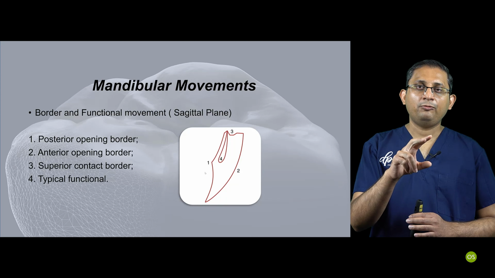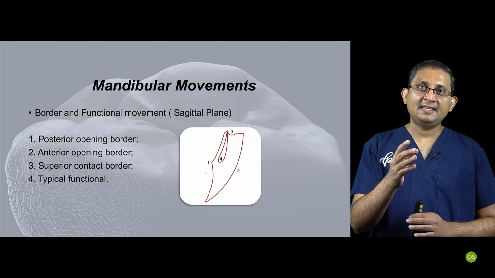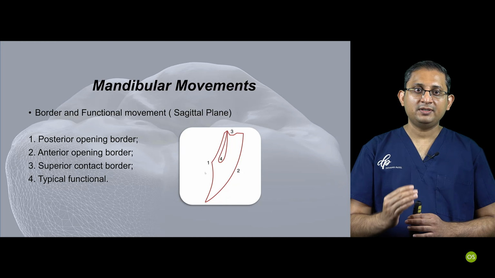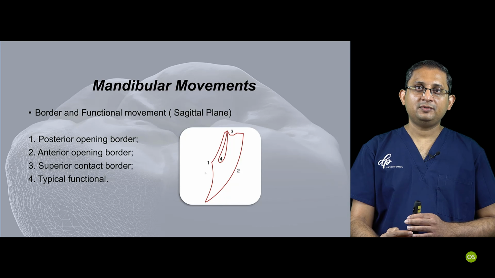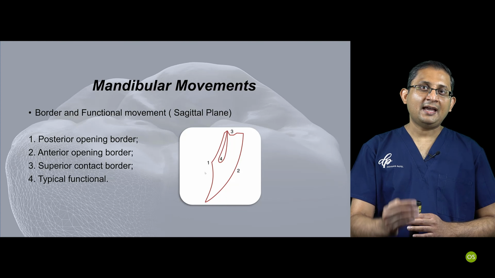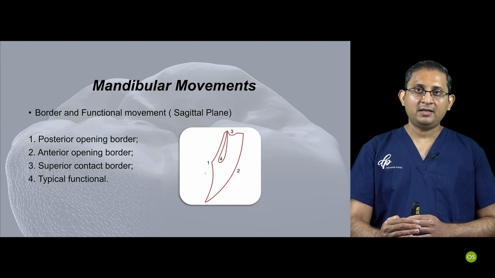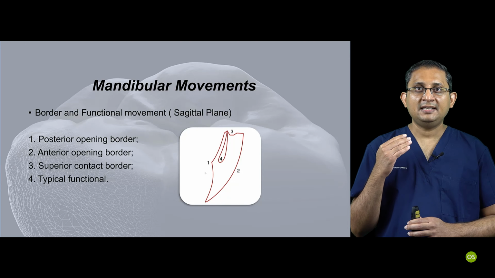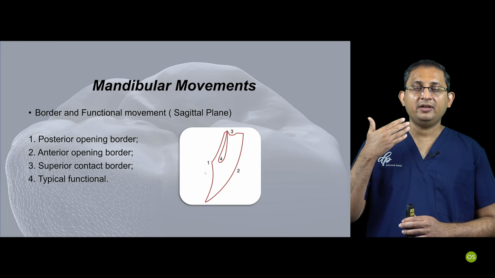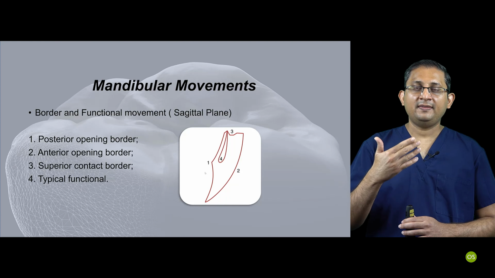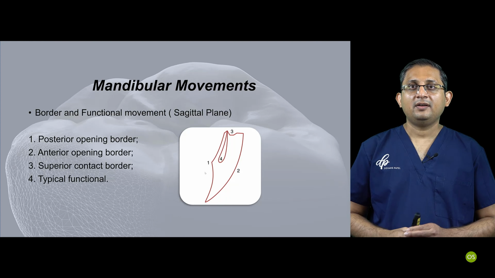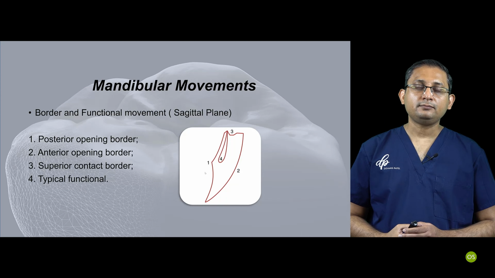And when you open wider, it becomes translatory movement, the jaw goes slightly backwards and forward, and that comes right at the tip of the curve. Now when you're closing, you don't get that same movement. The mandible closes almost in CR, and that's why it's posterior. And then you get a slide and the contact, and then maximum intercuspation.